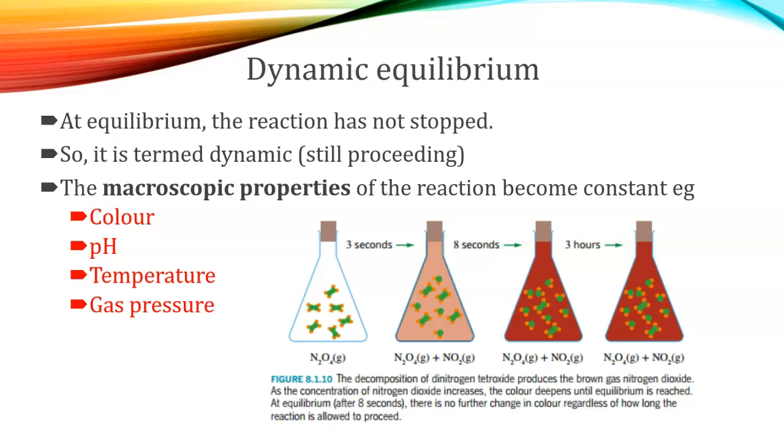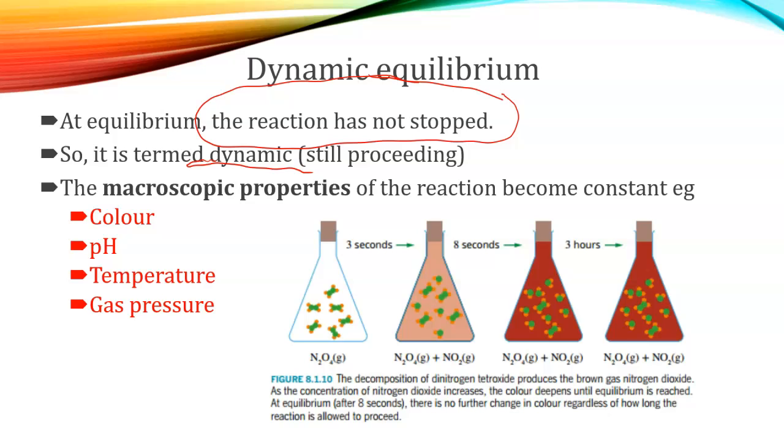We may have got to a situation where the forward reaction and the backward reaction have the same rate, and the concentration of products is constant and the concentration of reactants is constant, but the reaction has not stopped. It's really important to think about that. The reaction has not stopped because the forward reaction is still going on, the backward reaction is still going on, so we call it dynamic, still proceeding.